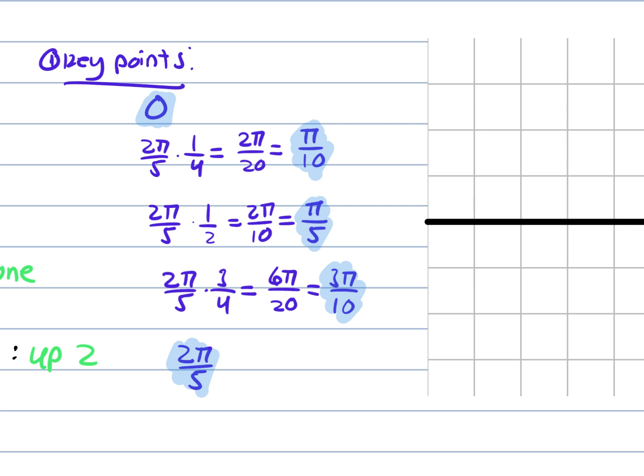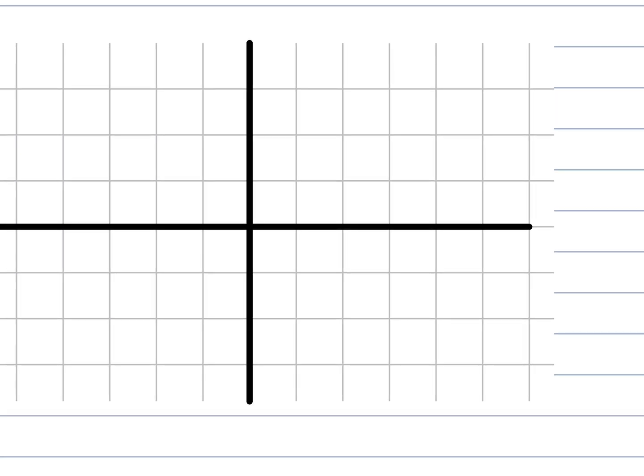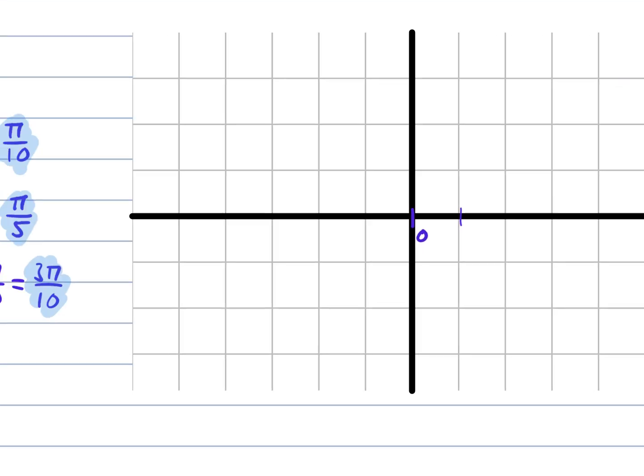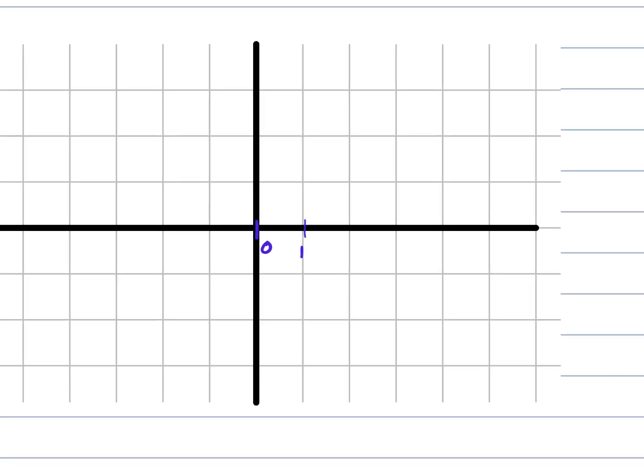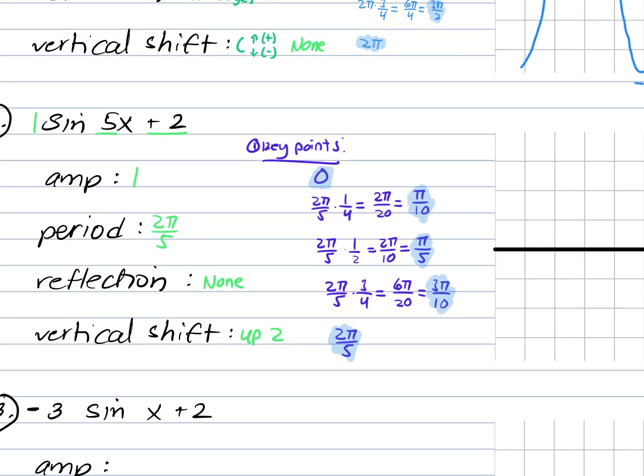label our axis. All right, so I'm going to label that right here. 0, what was the first one? Pi over 10, pi over 5, 3 pi over 10, all right, and then 2 pi over 5. Our amplitude is 1.